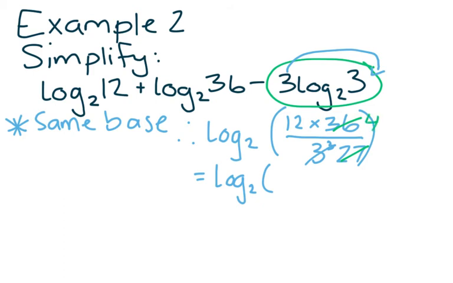It goes into 36 4 times and into 27 3 times. And then I can also cancel that 3 out with the 12 and make it a 4 and a 1. So now I've got 4 times 4 divided by 1, which just gives us 16.